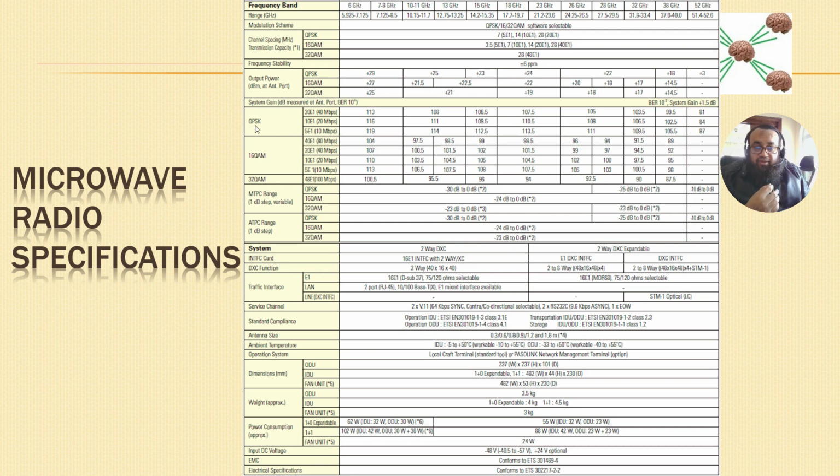You can see from here: on QPSK, for example, it has 113 dB system gain, but on 32 QAM the system gain goes 13 dB below automatically. So this was what I was specifying: when you increase the modulation, you lose total system gain.